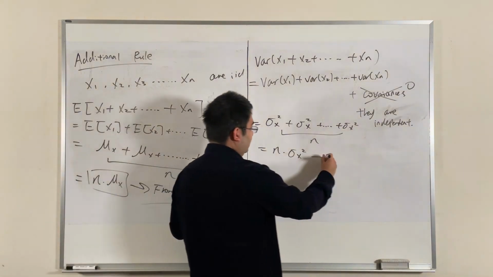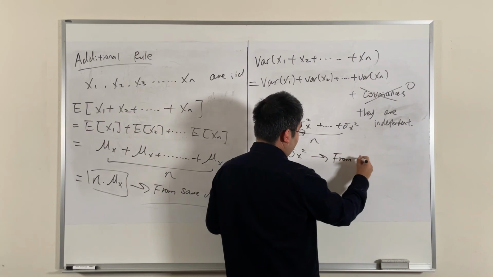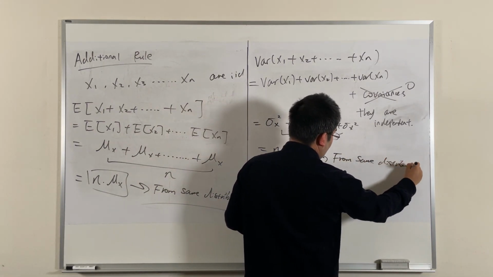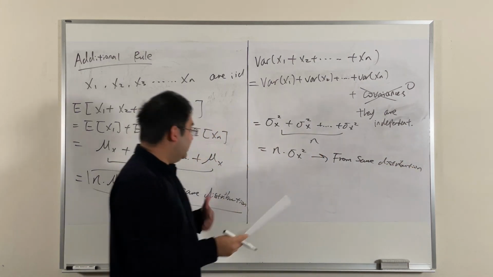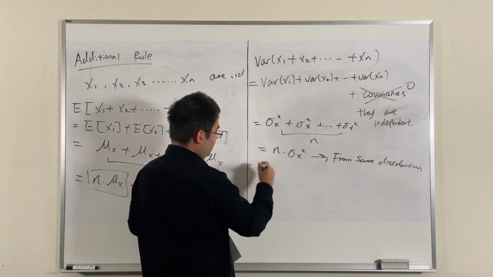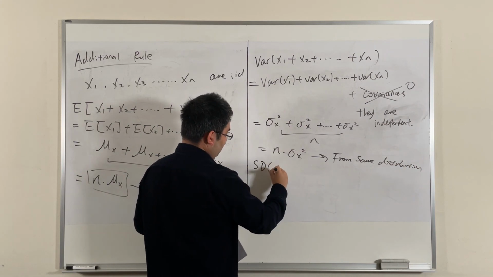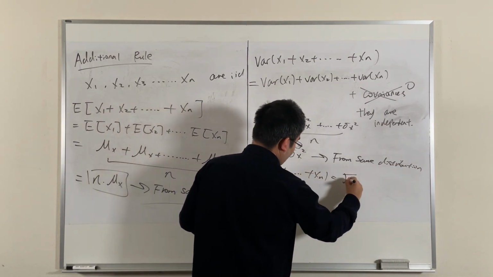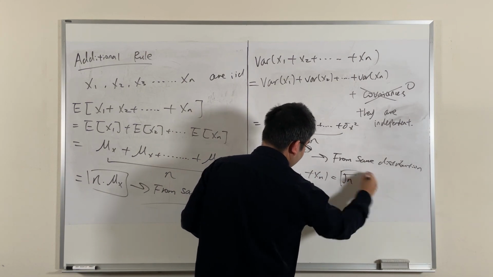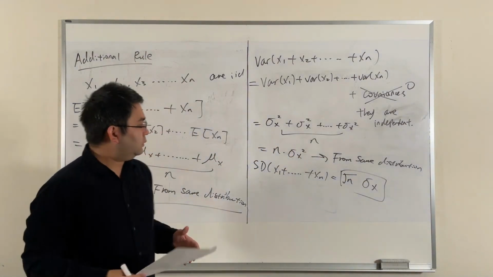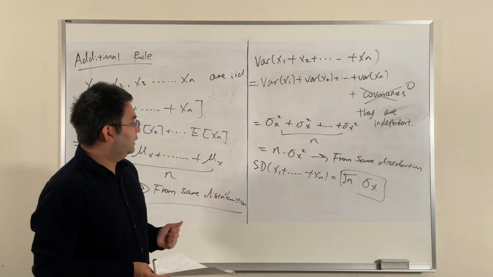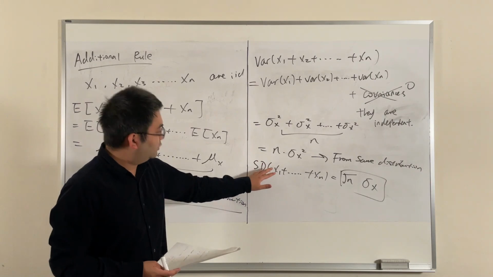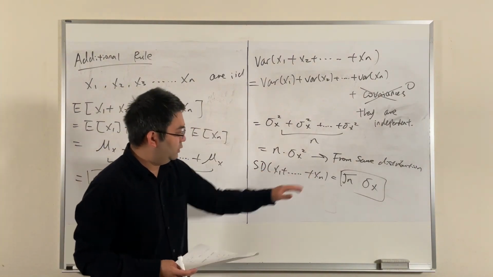Again, the reason is they're from the same distribution. And then the standard deviation is just the square root of this. So the standard deviation of x1 plus all the way to xn equals the square root of n times sigma x.